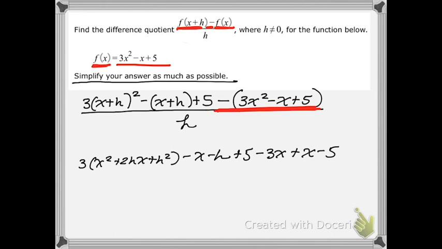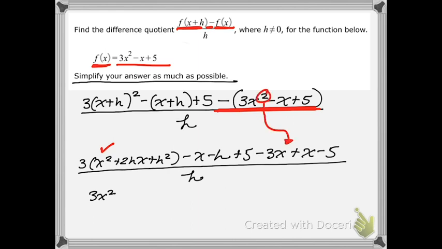Okay, so that's our numerator divided by h. And now let's go ahead and combine our like terms. So I've got 3x squared. I don't think I have any other x squareds, do I? Oh, I do. I missed this squared here. I didn't bring that down. So it's 3x squared there. So that's 3x squared minus 3x squared, so that zeroes out.